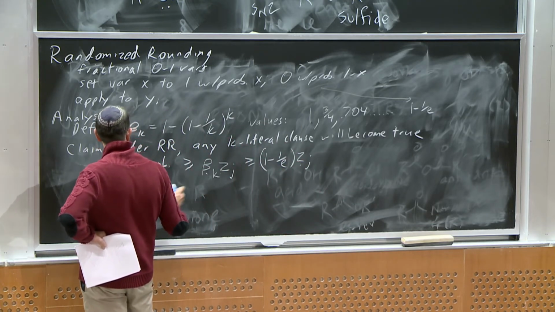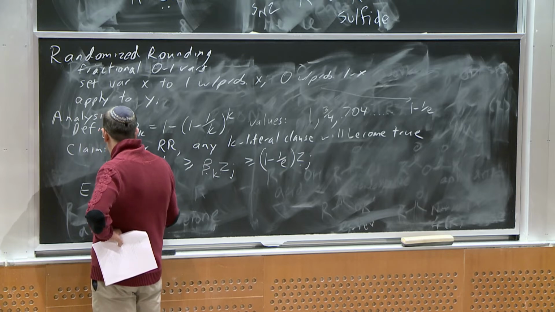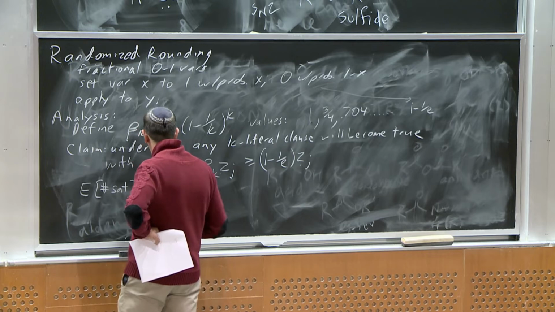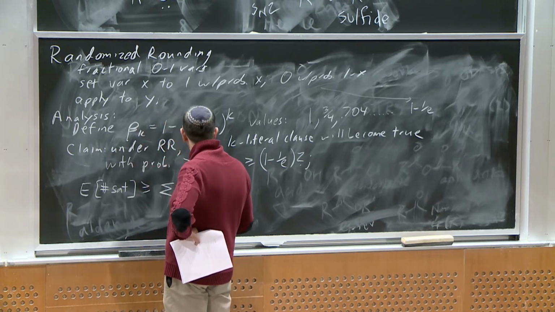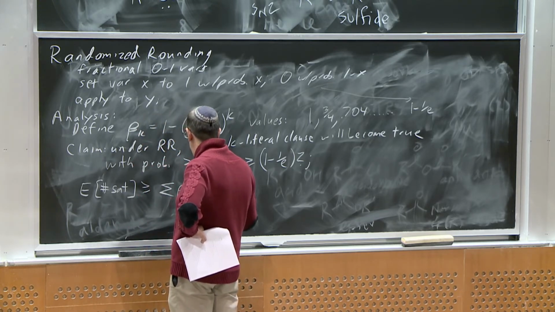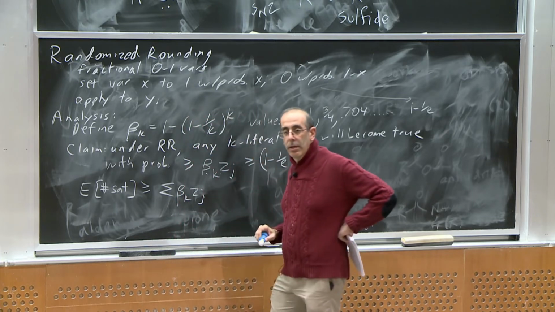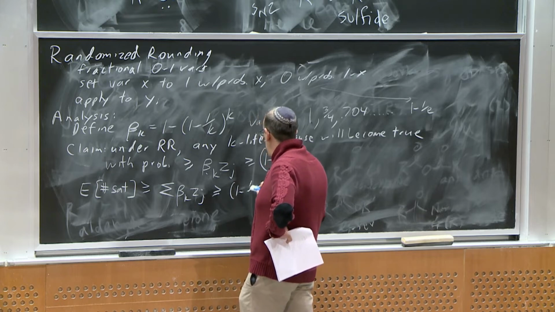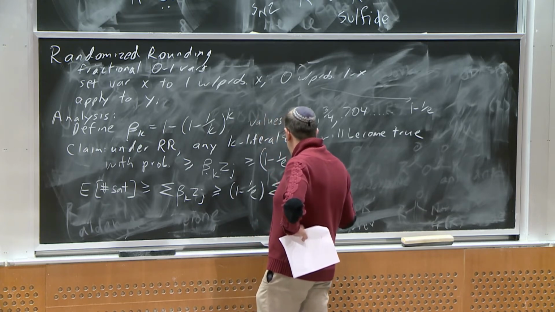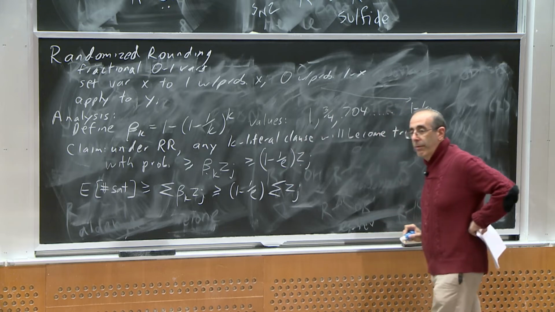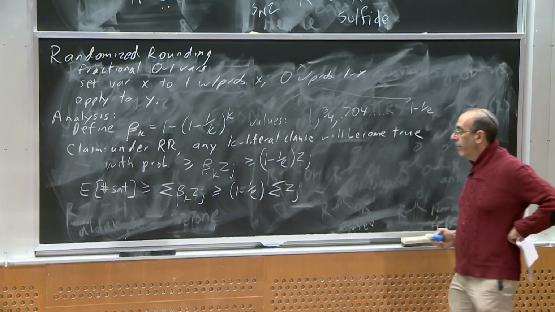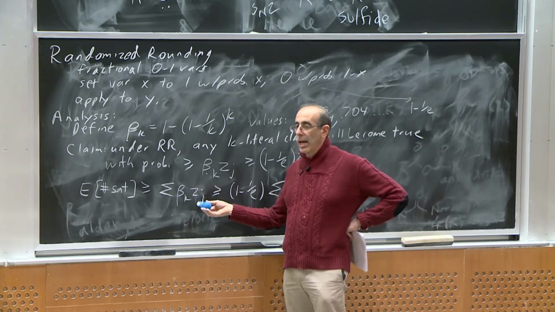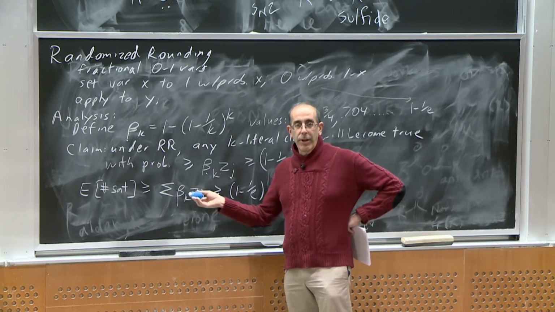So the expected number of satisfied clauses is at least the sum of the probabilities that each clause is satisfied, which we've just said is at least 1 minus 1 over e times the sum of the zj's. Notice I'm abusing the notation here: k is actually dependent on j, but hopefully it's clear what I'm saying.